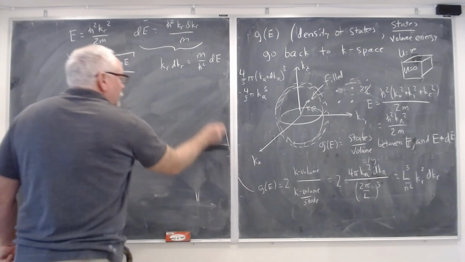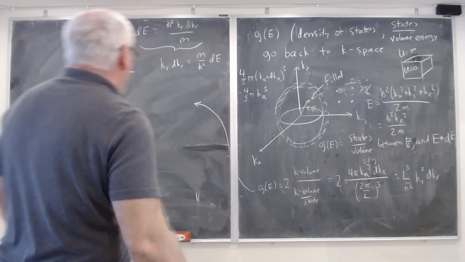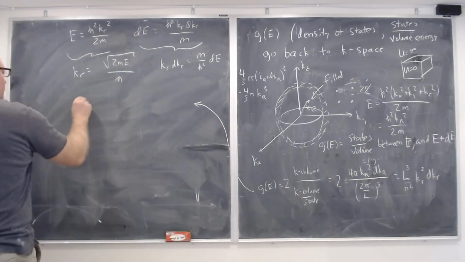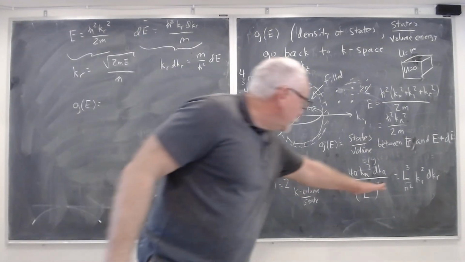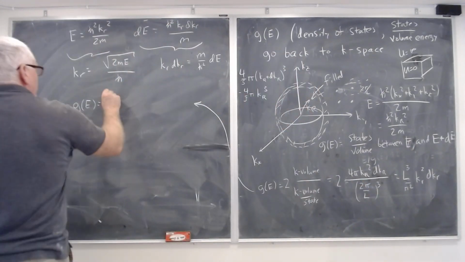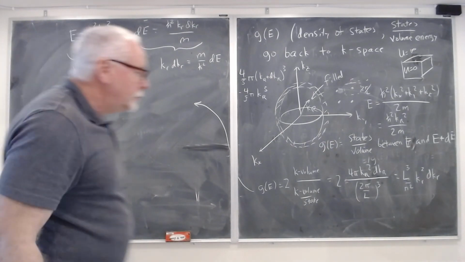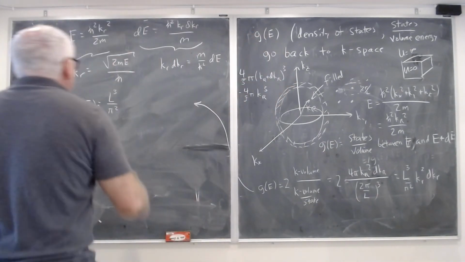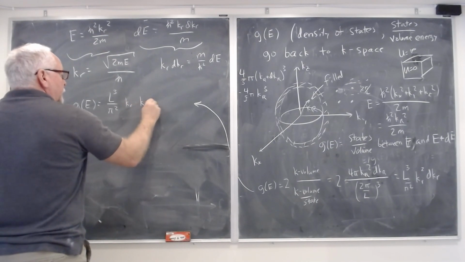So plugging that in here, if I haven't made a mistake, G of E is equal to L cubed over pi squared times k_r times k_r dk_r.